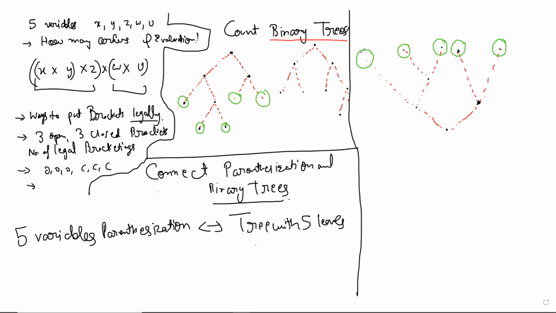It's like these 5 variables have come in, and the way you evaluate them will actually give you a tree.